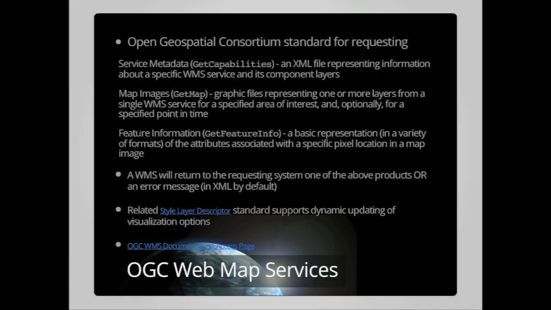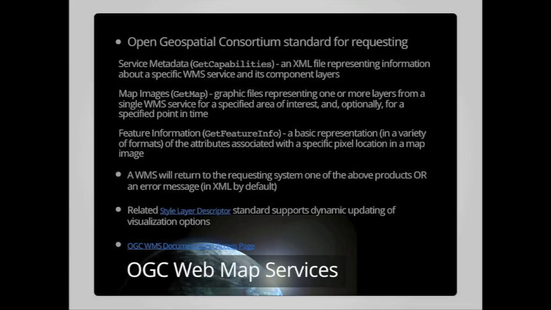So a web map service will return one of these types of objects in response to an incoming request, or it will provide an error message. And those error messages can be key in determining if there are any problems, or if you're not getting a response that you expect.